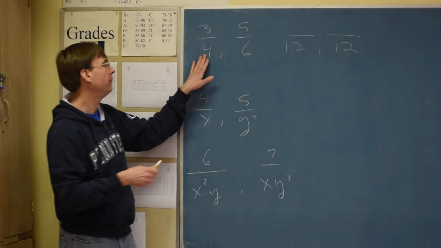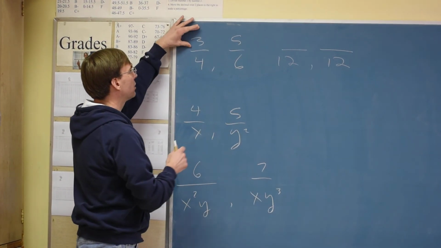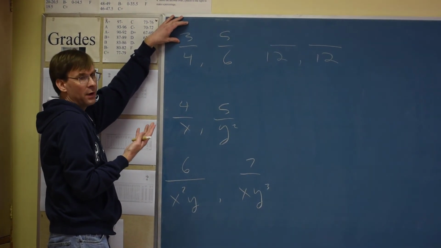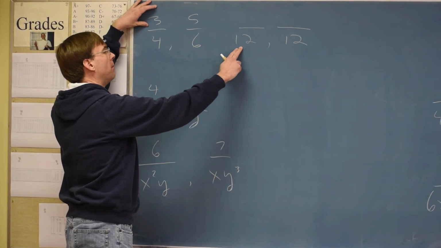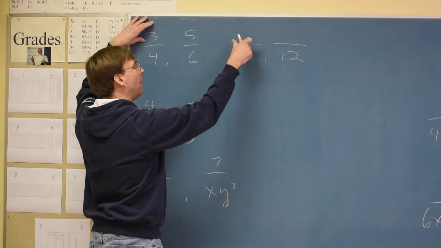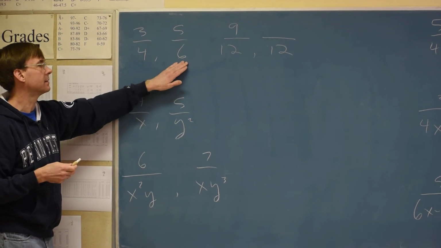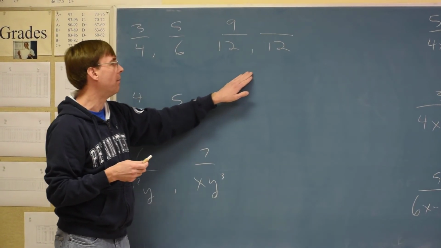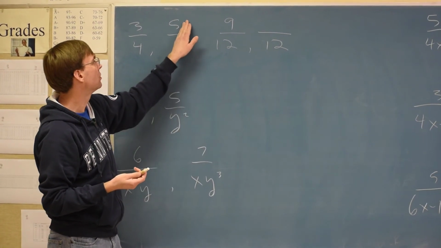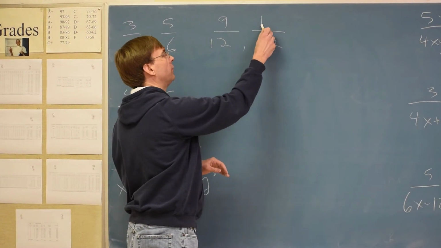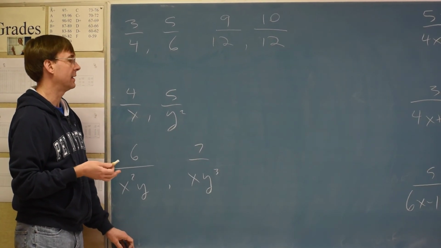So this bottom, turning into 12, is multiplied by 3. So we go to the top where we happen to have another 3 by coincidence, but that's just luck. Since we multiply the bottom by 3, we'll multiply the top by 3, and now that's 9. For the 6, we're going to multiply the bottom by a new number. The 6 would multiply by 2 to make 12. So the top multiplies by 2. And that's now 10. And if you want to write that way, that's fine.